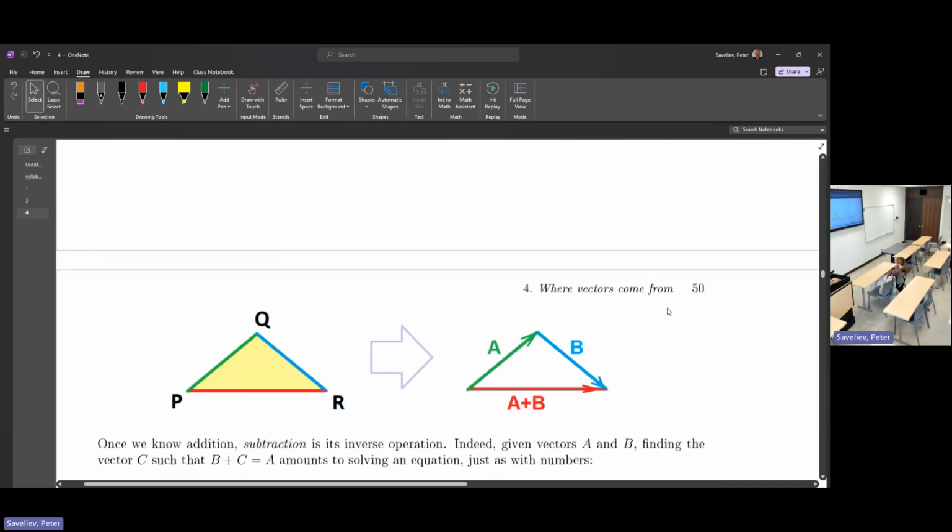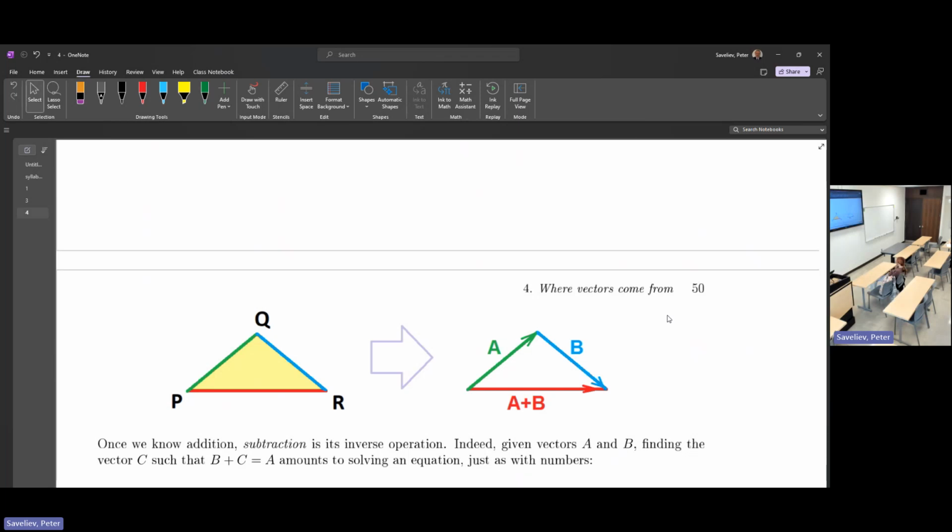This is also an important switch that we're making: the Euclidean geometry on the left, and the vector algebra on the right. You've seen a lot of Euclidean geometry, even in this class: triangles, angles, and a bunch of theorems about them, congruent triangles, this triangle, that triangle, trigonometry.